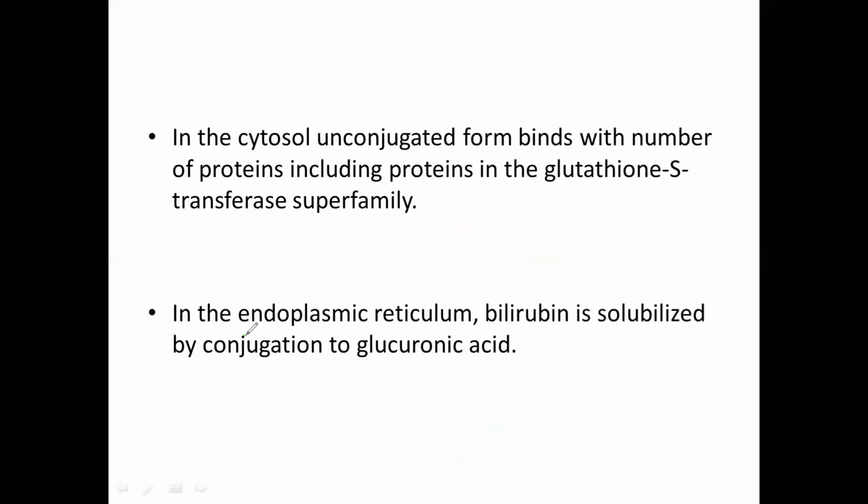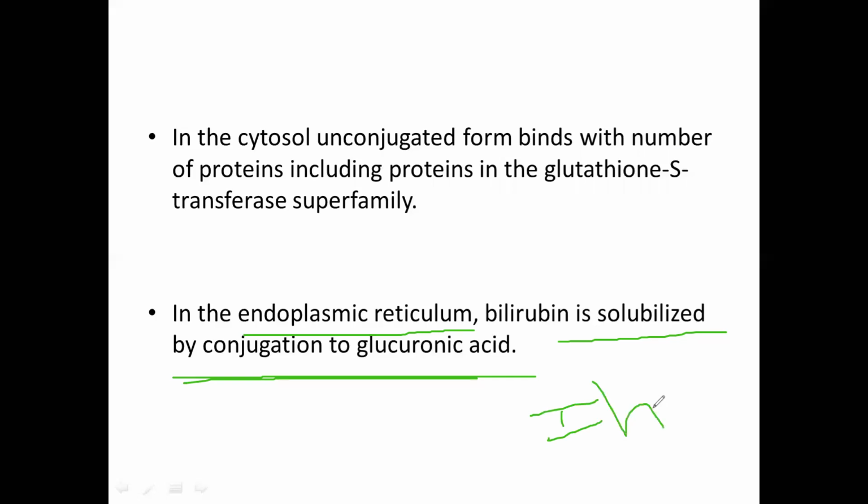Now after that, in the endoplasmic reticulum, the bilirubin is solubilized by conjugation to glucuronic acid. So after this reaction, the unconjugated bilirubin which was first insoluble in water will now become soluble in water. That is, it will have a hydrophilic form.